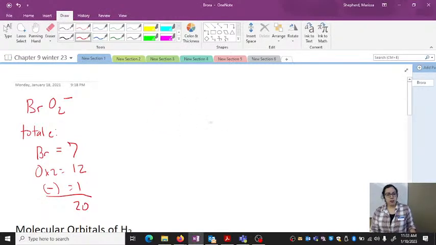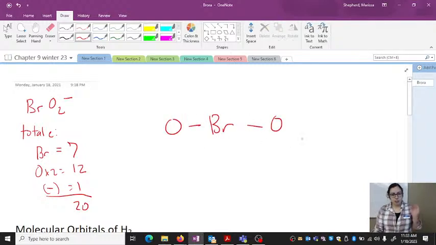And so we put bromine in the center. Let's just start attaching. And so we have 20 electrons, so 1, 2, 3, 4. So what happens if we do this? So now we're at 8, 16, 17, 18, 19, 20.